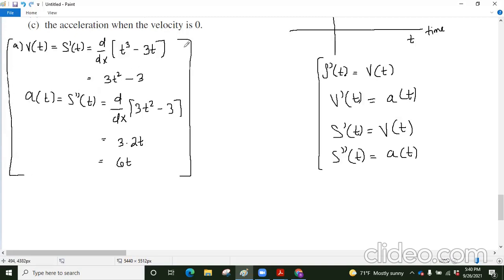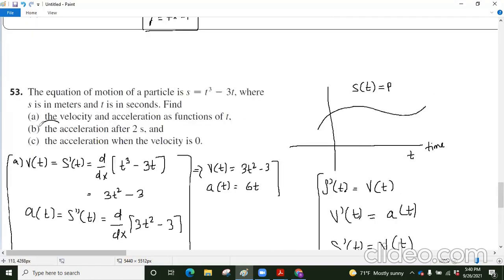And we'll conclude with the fact that v of t is equal to 3t squared minus 3, and a of t is equal to 6t. And then it says, the acceleration after 2 seconds.